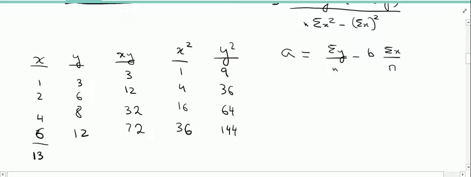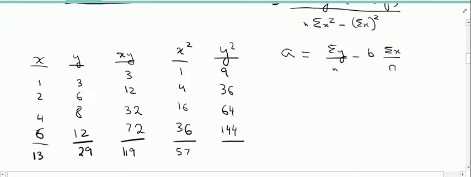So our summation of x will be 13. Summation of y will be 29. Summation of xy will be 119. Summation of x square will be 57.